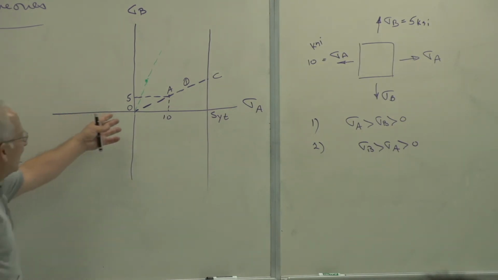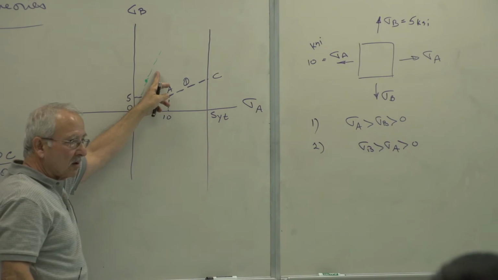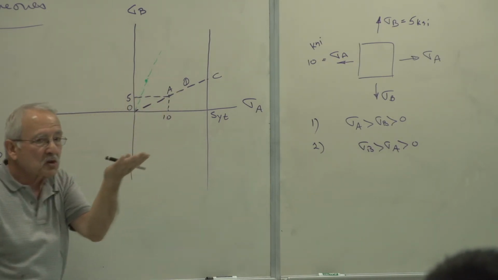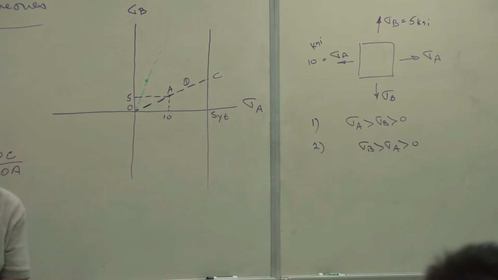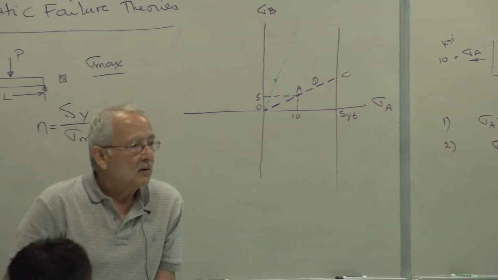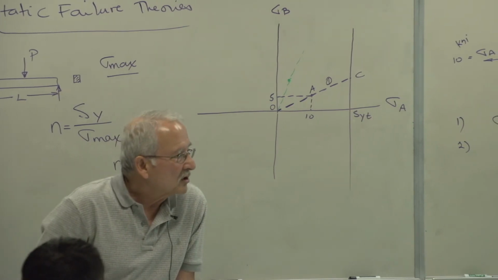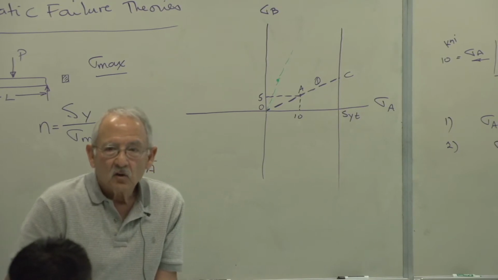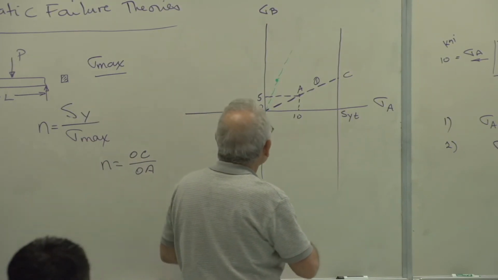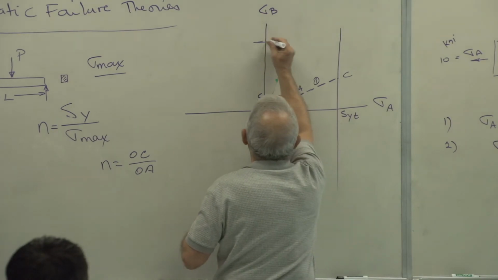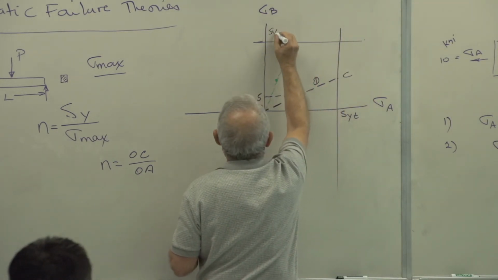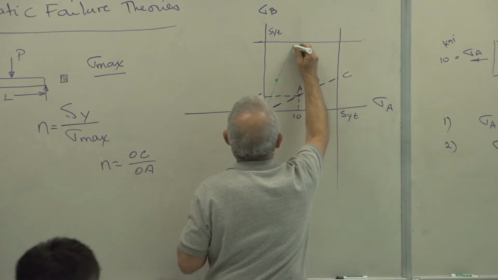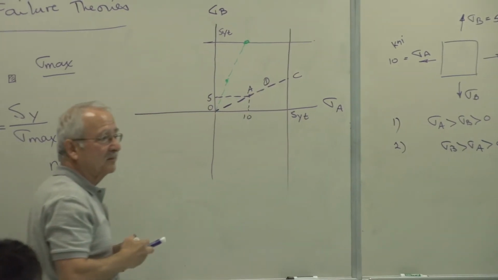And the limiting value of this comes when this line crosses what line? Yielding will occur when sigma B reaches SY, or SYT in this case, the tensile. So if I draw another line here with this as SYT, the limiting value is reached at this point, is it not?